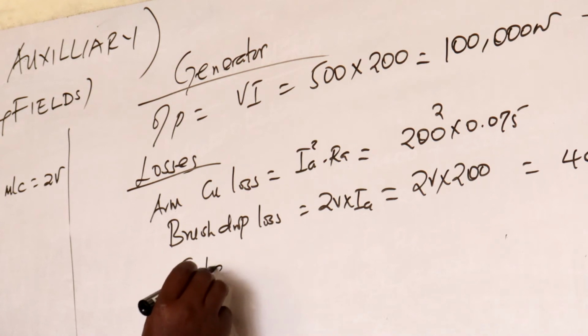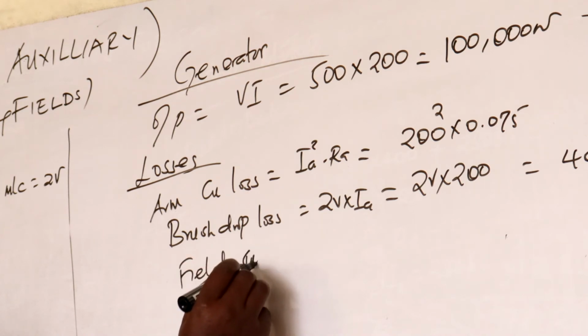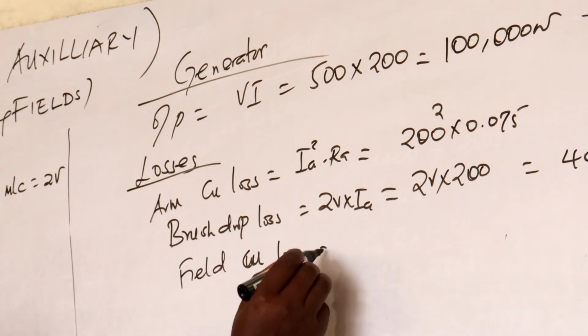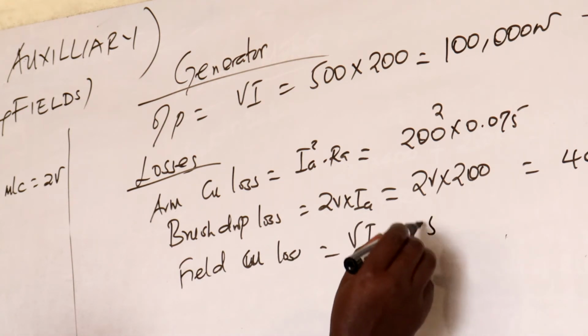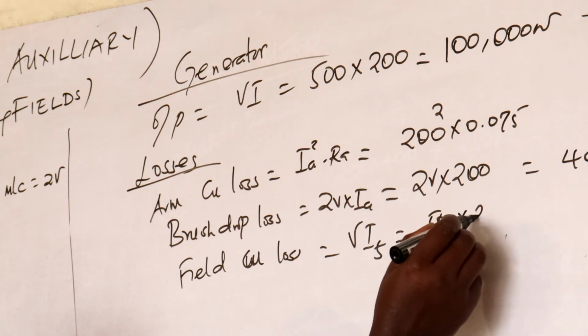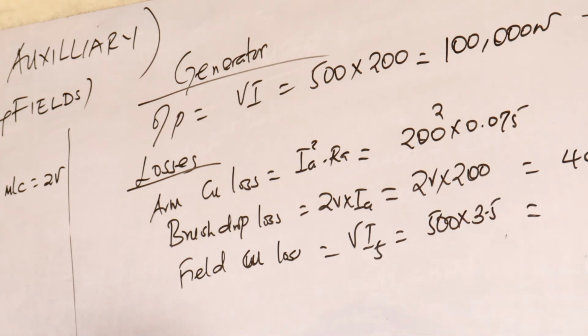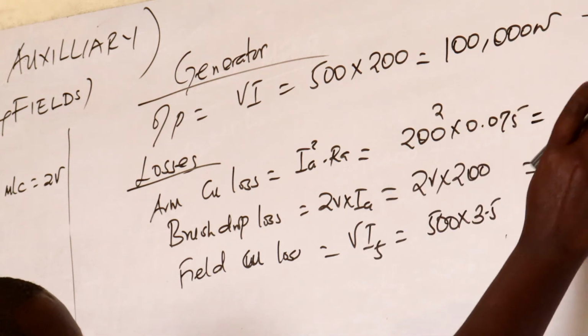Field copper loss, VI of the field: 500 times 3.5. What's the calculator saying here?